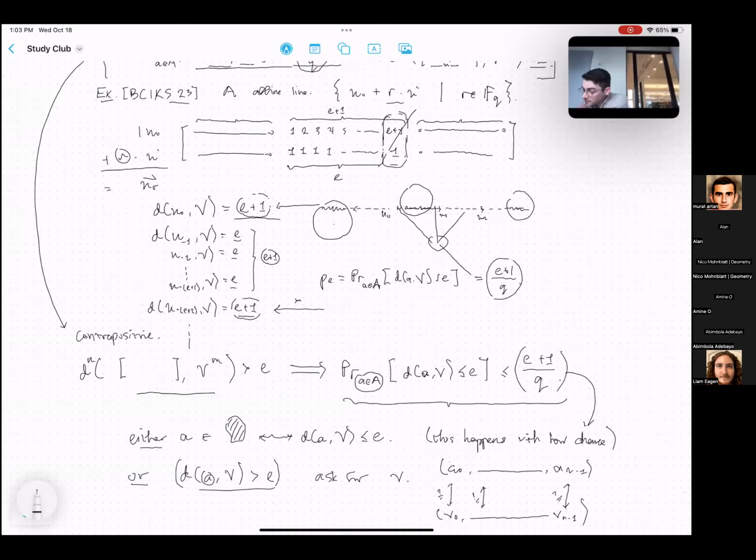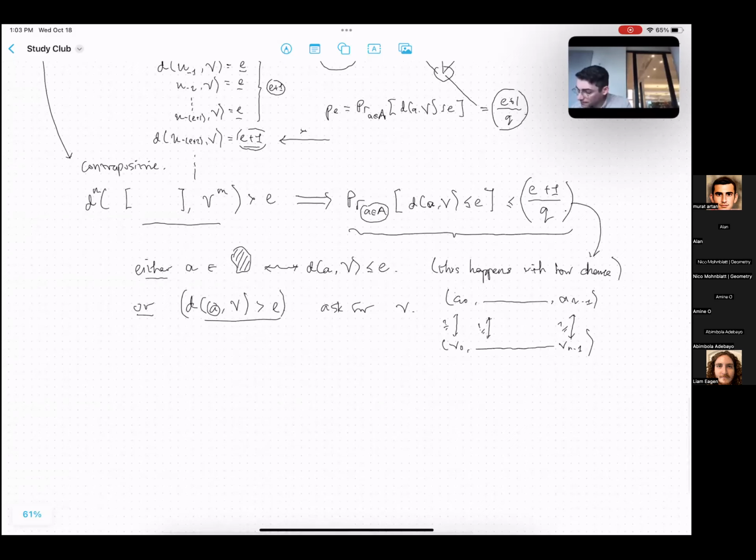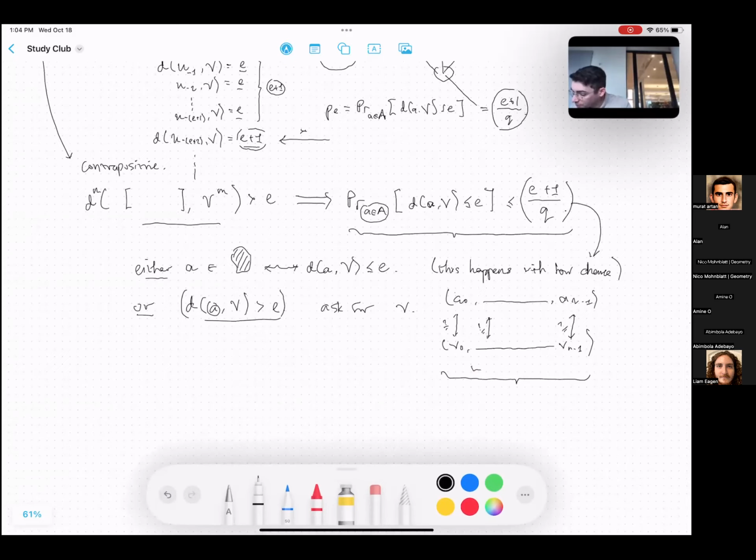So this says that if I look over the set of all components, the proportion consisting of witnesses to the failure, to the dishonesty of the prover.